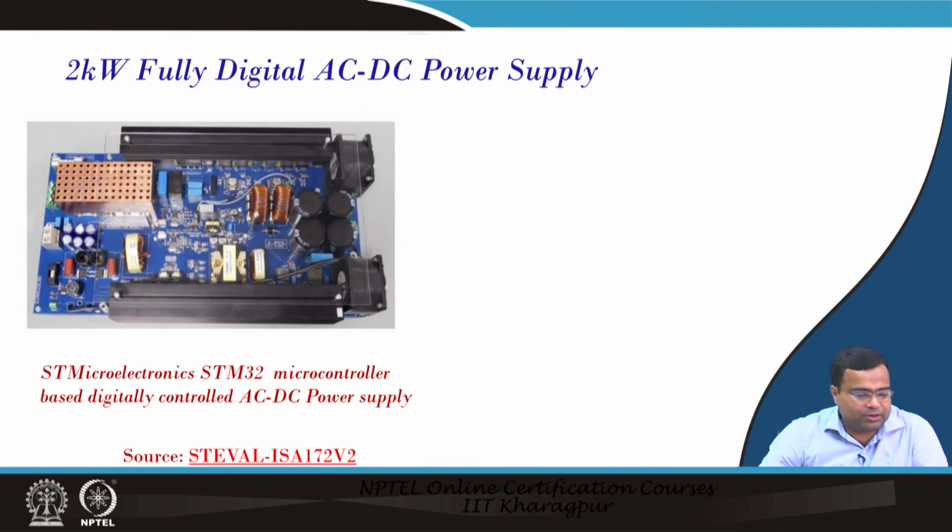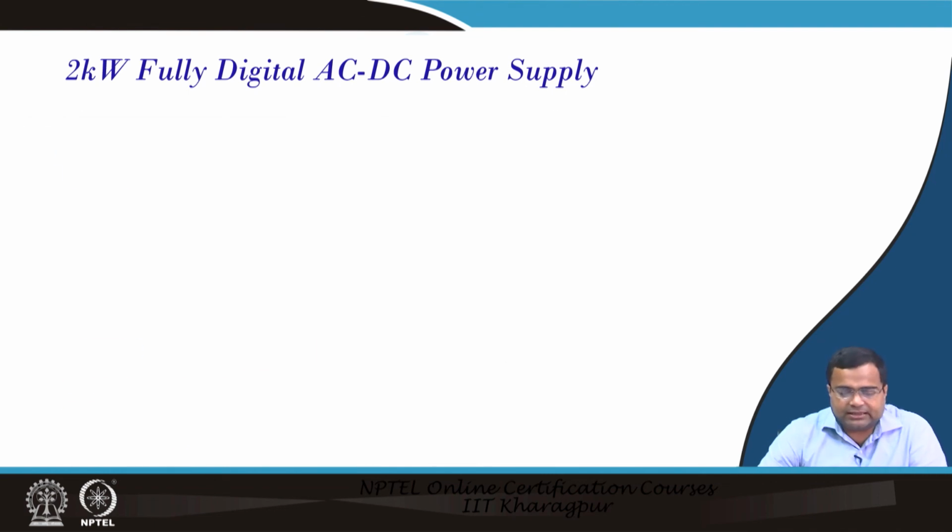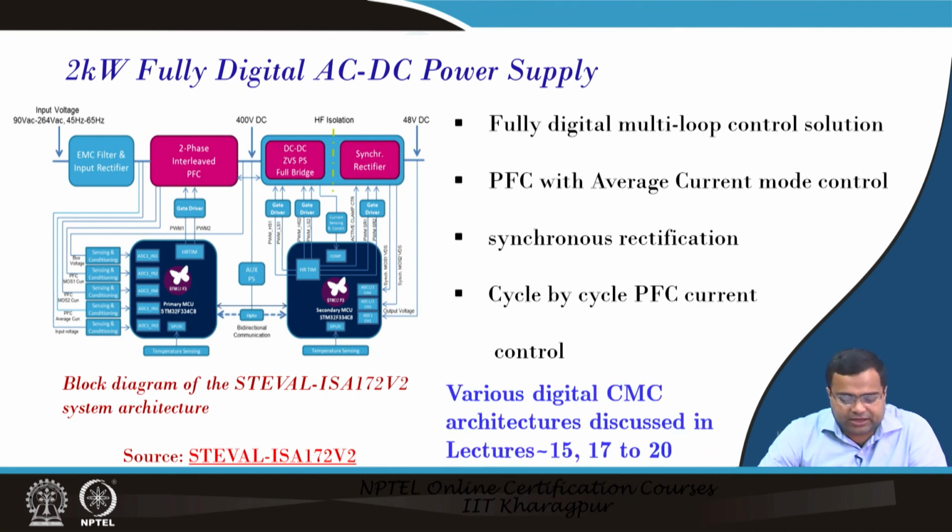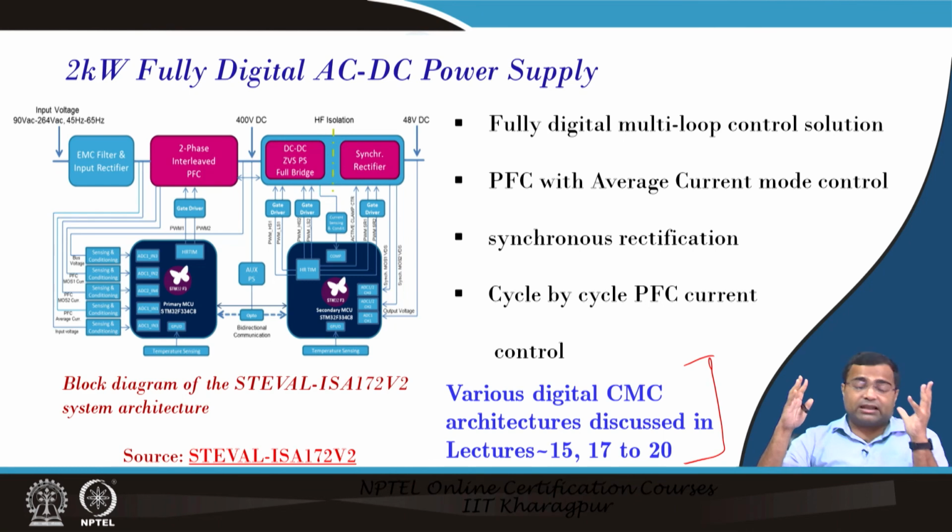So, this may be helpful. Then another fully digital AC/DC power supply from ST, that also uses a digital control solution, and various digital control architecture we have discussed, and in week 8, week 10, week 11, week 12 we have synthesized various control architecture which may be useful for PFC converter.